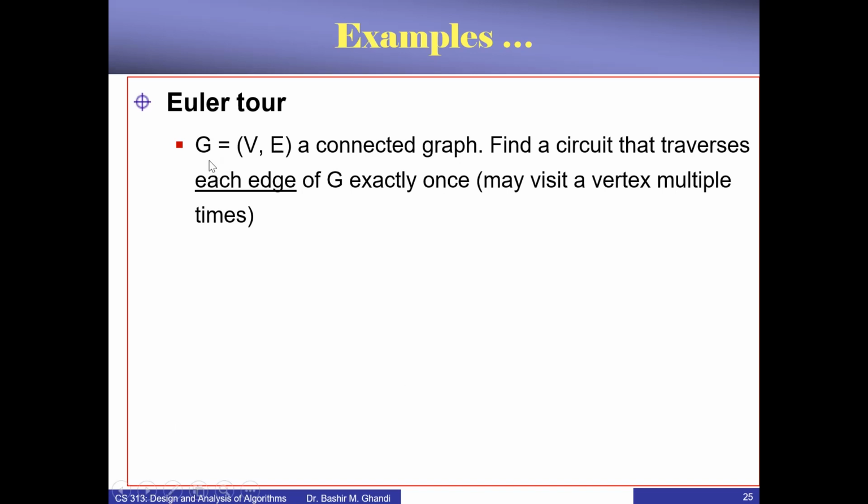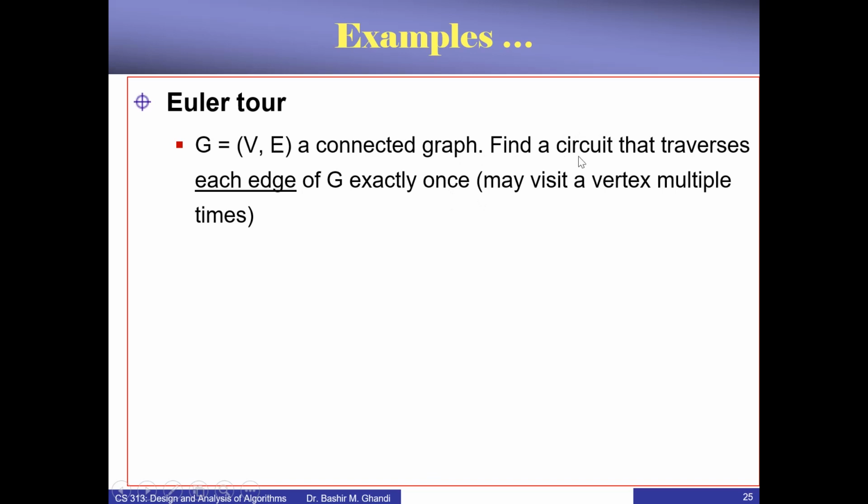Okay, what does it mean? Let G be equal to a pair (V, E), a set of vertices and a set of edges connecting them. Find a circuit. Notice here we're talking about a circuit, not a cycle, that traverses each edge of G exactly one time.